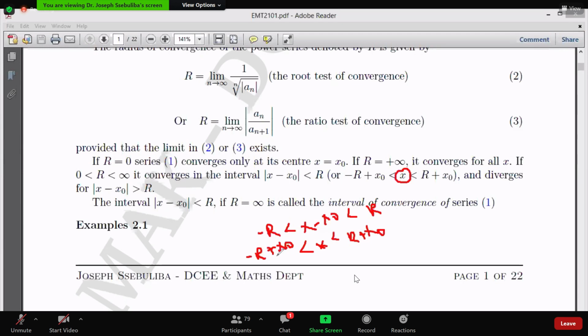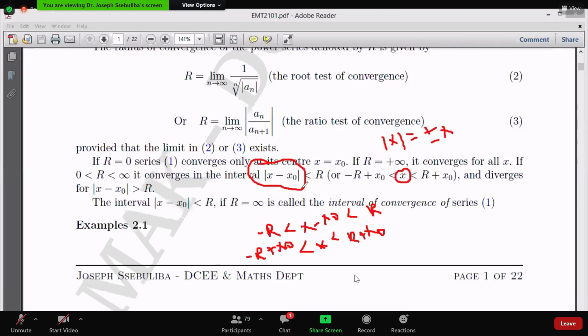That is the minus R plus x naught. That is if you remove that norm there. Remember, when you have the norm of x, this is the same as plus minus x. I think you know that very well. So since this is less than that, you can take this on the other side, which is plus minus r.